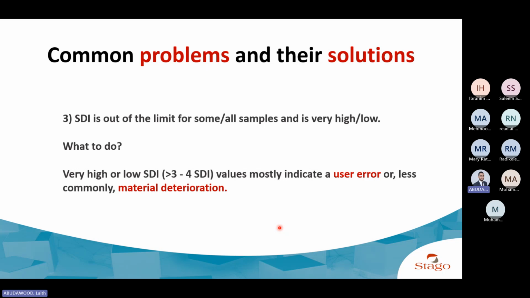Usually if you have this much bias, your QC will clearly be problematic. So when you start to see SDIs of 5, 6, 7, 10, 15, 20 or more, that is almost always user error.